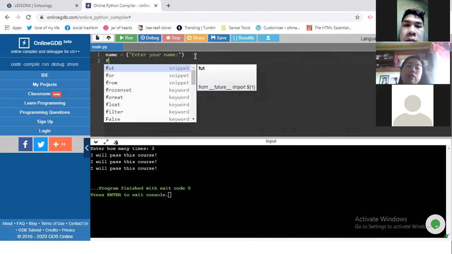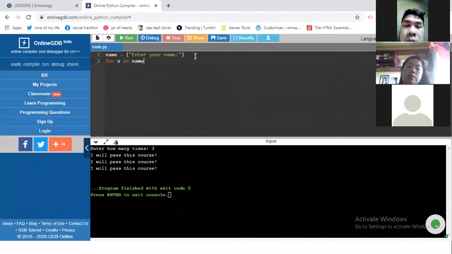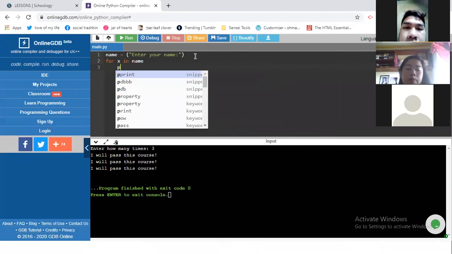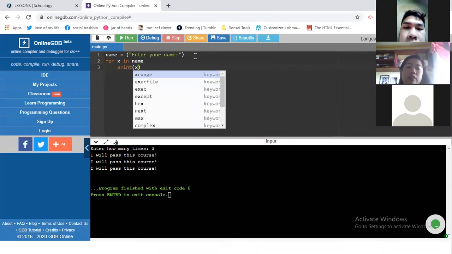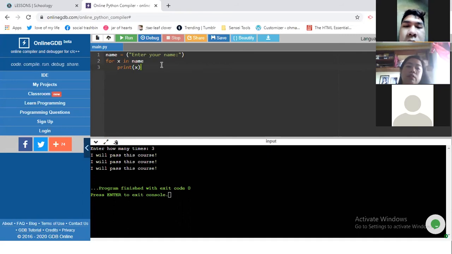For X in name, and then print X. Yung X is yung holder natin ng each element na mababasa niya sa set na name. Okay? So, let's check before we run.